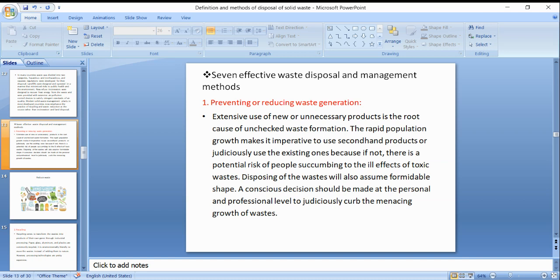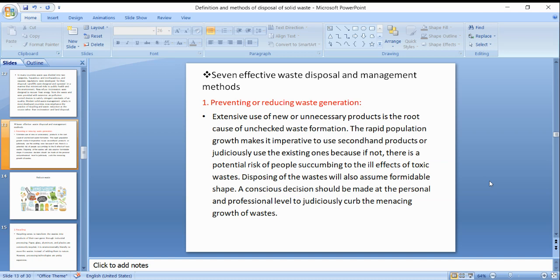Later we can see the various methods of disposal, and the method of sanitary landfill that we are going to see.